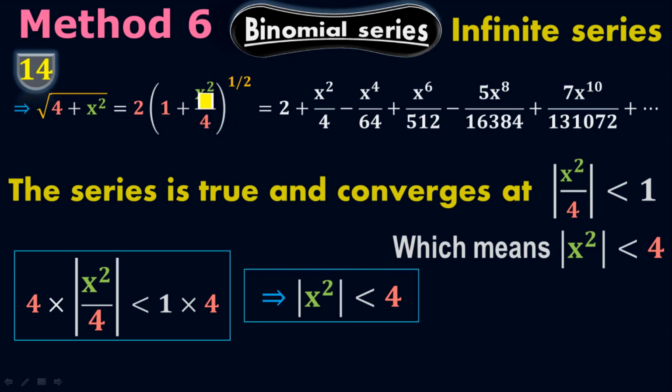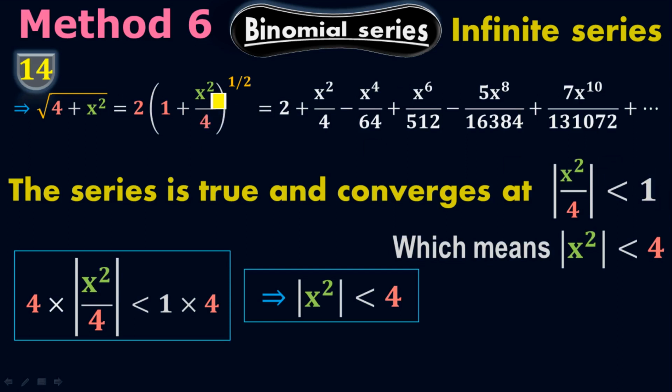If x squared equals 4 or is greater than 4, then modulus of b will be greater than 1 or equal to 1. Suppose I plug in x squared equals 4, I will have 4 over 4. 4 cancels with the 4, so I will have 1. I need something lesser than 1, not equal to 1 or greater than 1.